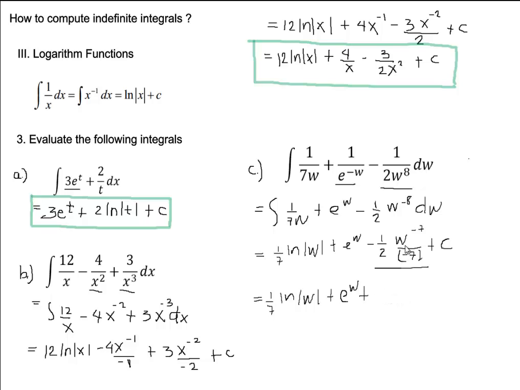So bring the w raised to negative 7 to the denominator. So that is 1 over 7 times 2, 14w raised to positive 7, plus C. And this is the final answer.